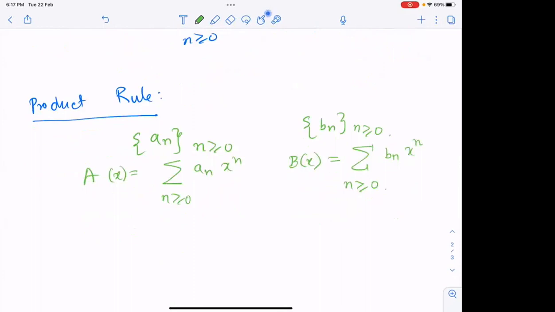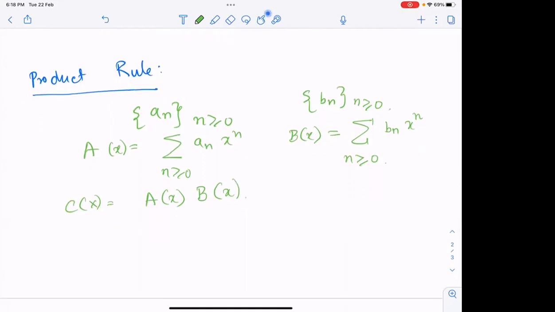And you will be interested to study the product of these two generating functions. This situation will come many times. You have two different sequences and you would like to view the product of their generating functions. And as you can see, the product of the generating functions has a very simple formula as its coefficient.